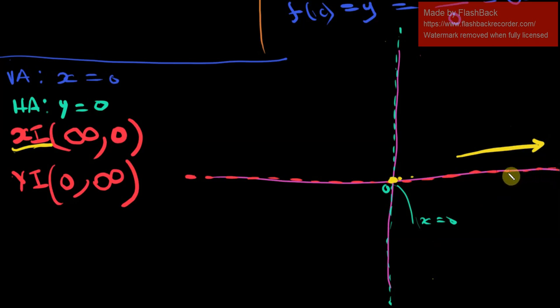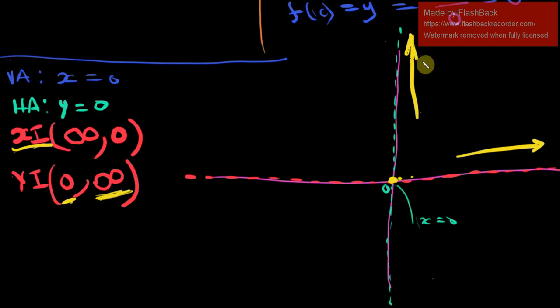So what are we being told by the y-intercept? Well, the y-intercept tells us that when x is 0, the graph, which is f of x, approaches the y-axis at positive infinity, not negative infinity.